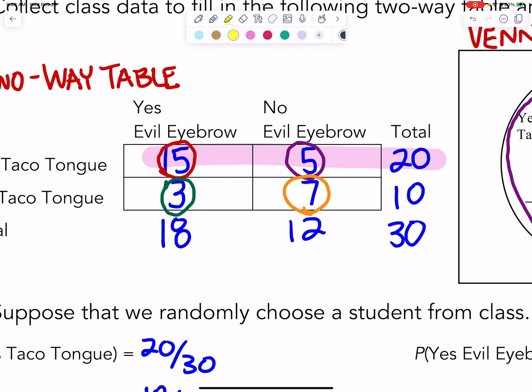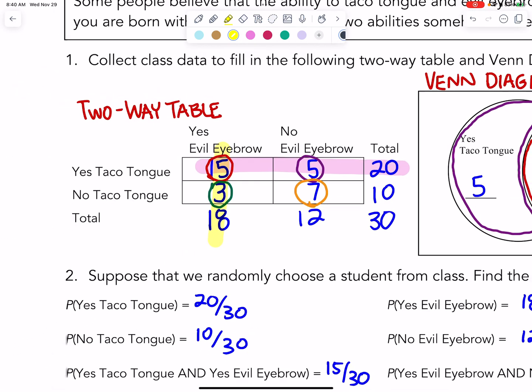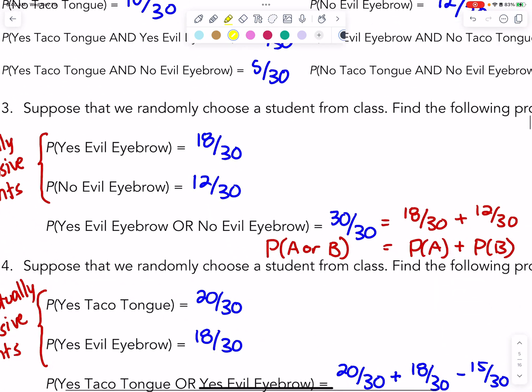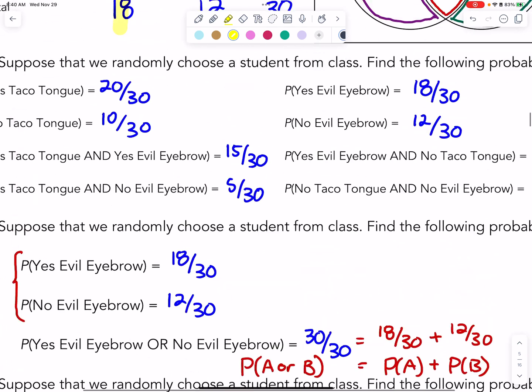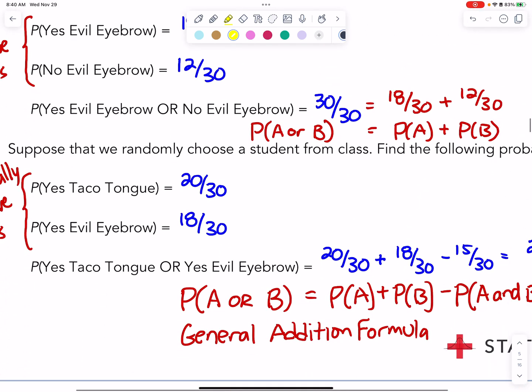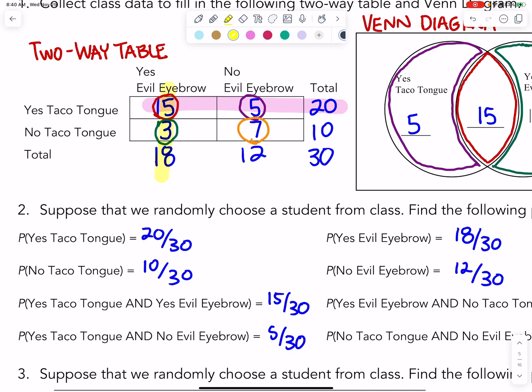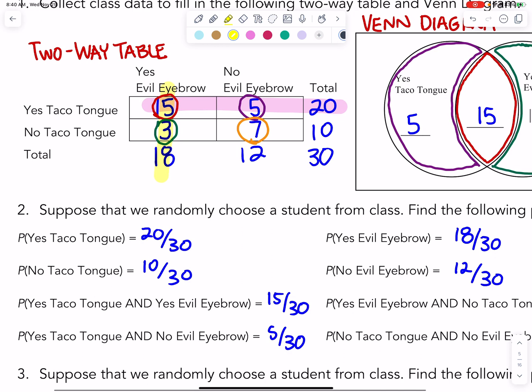When I get the number 18, I do 15 plus 3. So obviously the 15 got counted twice, so I have to subtract it out. That's what's happening here: taco tongue or evil eyebrow, and the 15 got subtracted out.